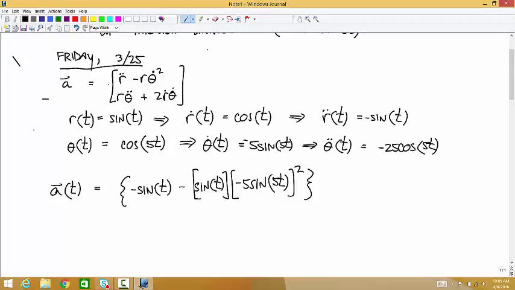And then the theta component is sine of t times negative 25 times cosine of 5t, plus 2 times cosine of t times negative 5 sine of 5t.